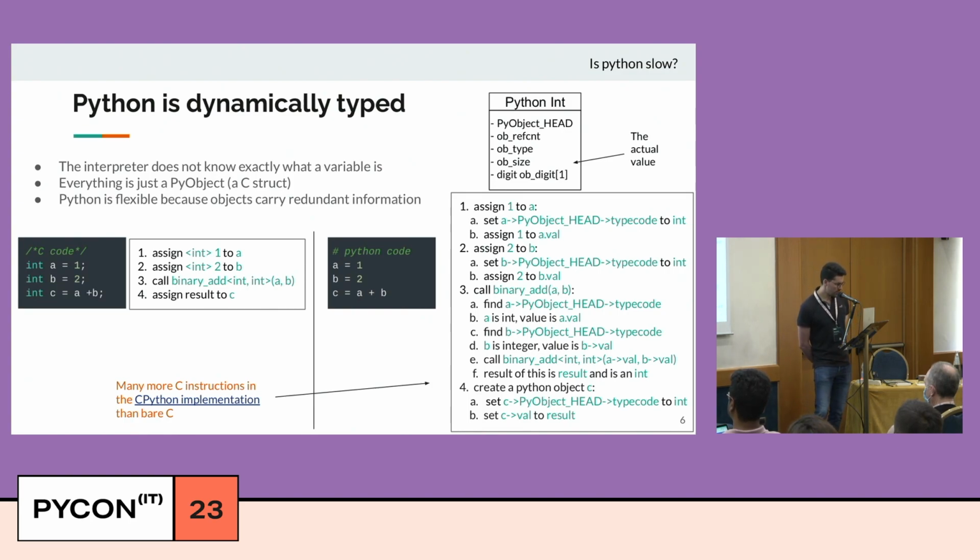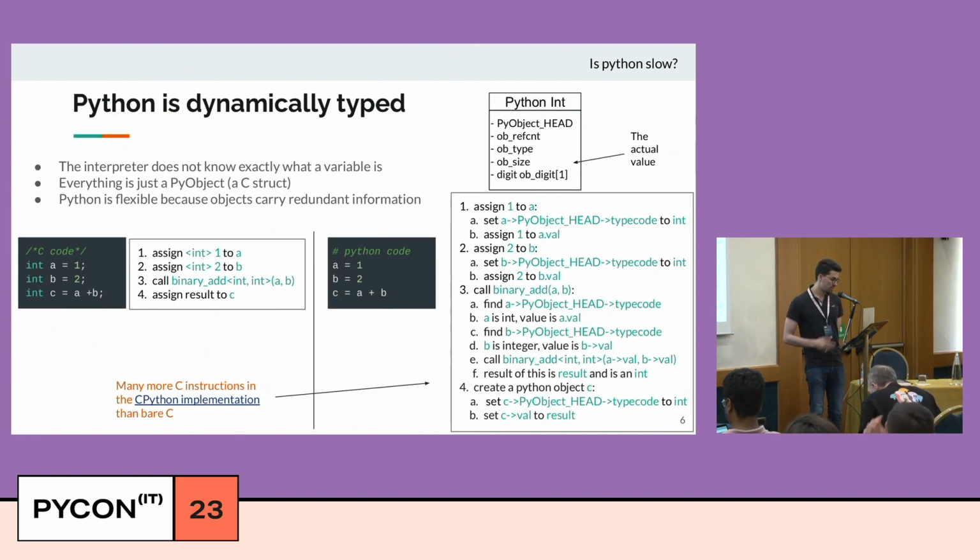On the top, you see that, in fact, Python objects, even if you're talking about really simple ones like Python integers, contain many attributes.